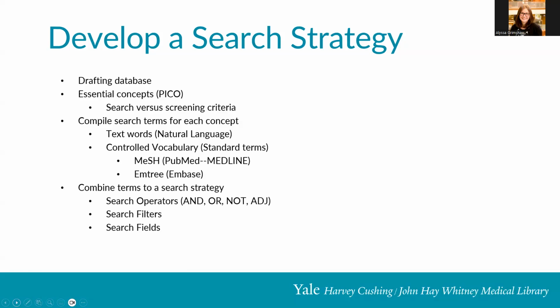You're not searching the full text for the majority of the databases. PubMed Central and Google Scholar are the exceptions to this rule. But the rest of the databases, they're not looking at full text. They're looking at title, abstract, author keywords, controlled vocabulary. There are a couple more fields that you're searching, but you're not searching the full text.